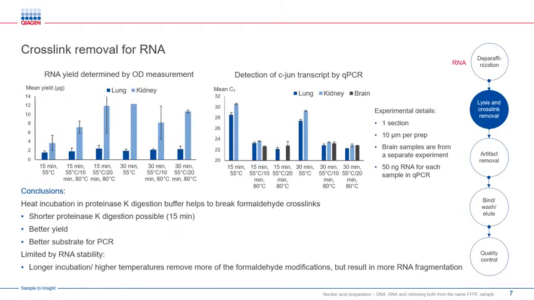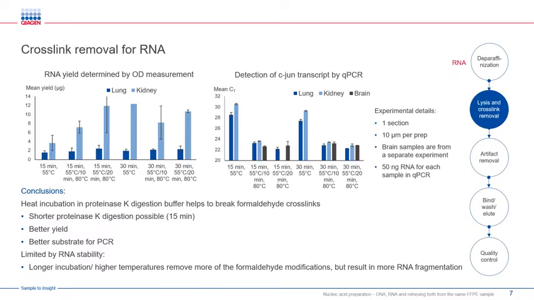Here is some data showing why the crosslink removal step is so crucial for nucleic acid isolation from FFPE, in this case for RNA isolation. On the left, you can see yields determined by OD measurement for both lung and kidney tissue.